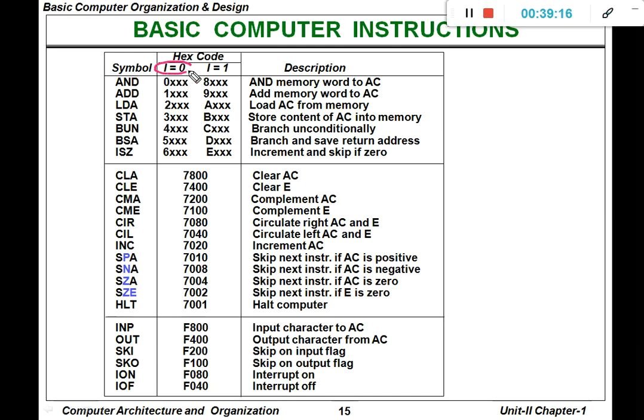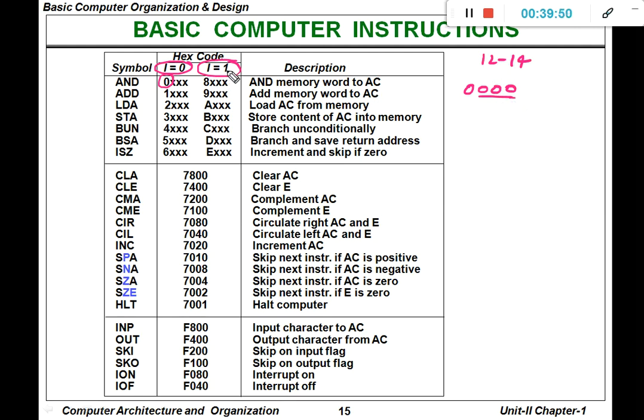If I is equal to 0, then it will become 0, 0, 0, 0. Here this 0 is hexadecimal. That is why this 0 is equivalent to 0, 0, 0, 0. So the bits from 12, 13, 14 will be all zeros. Okay, you need to look into that.